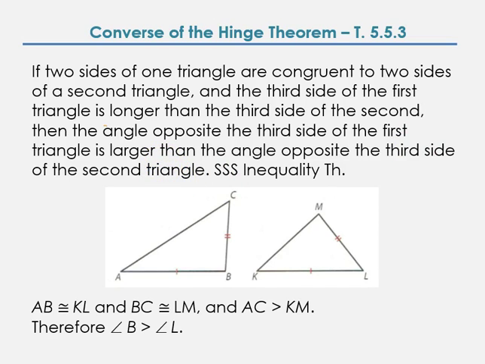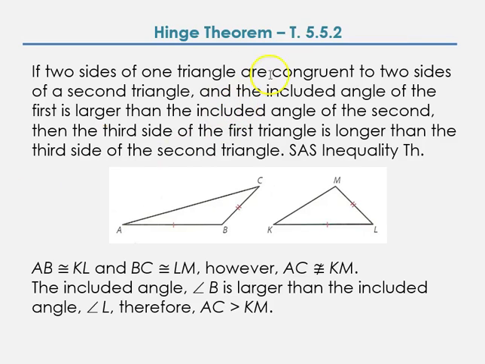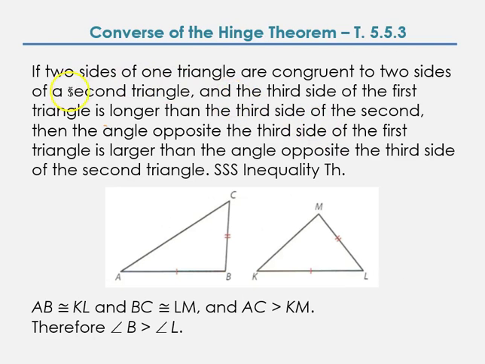The hinge theorem stated that we were comparing two sides and then an included angle. The converse states three sides and then talks about the angle. This is also called the side-side-side inequality theorem. And it's probably a good idea to get to know that so that you can keep the two theorems straight.